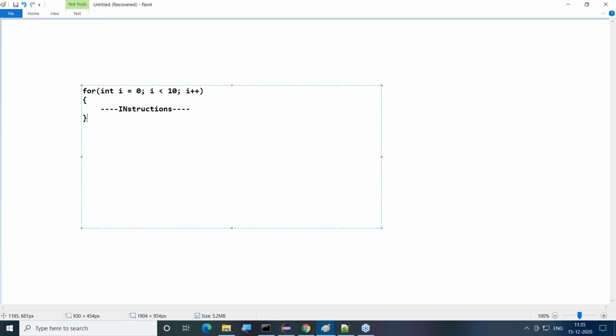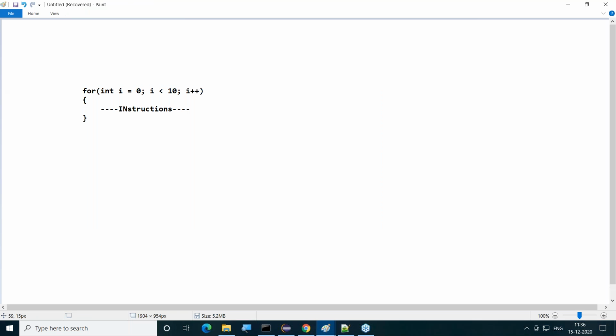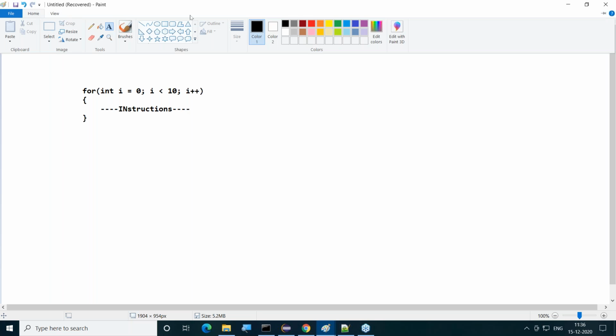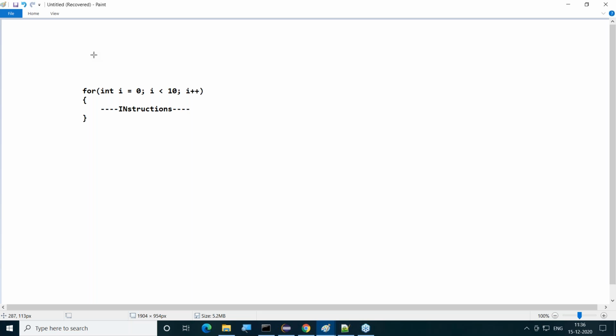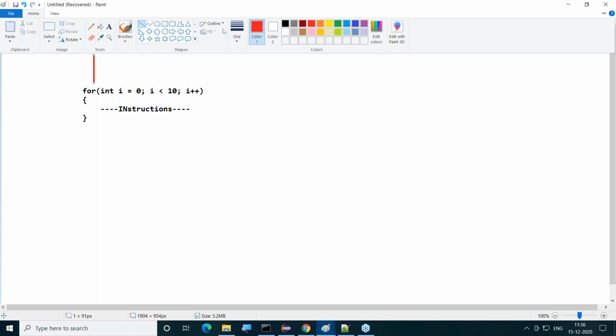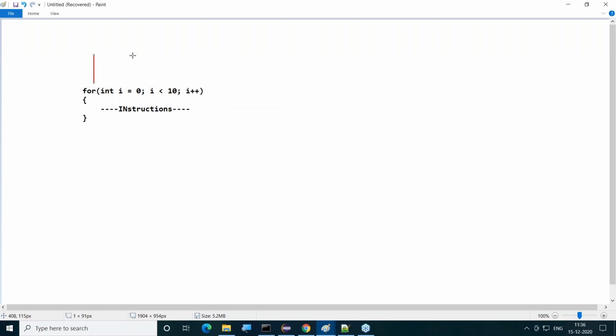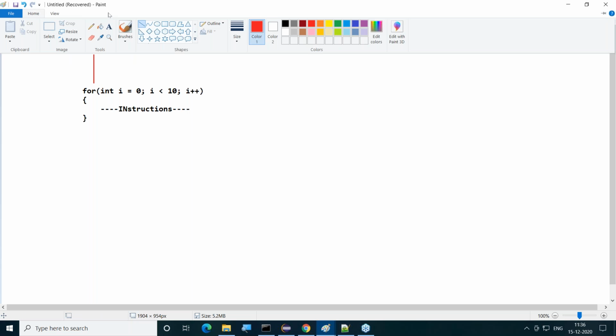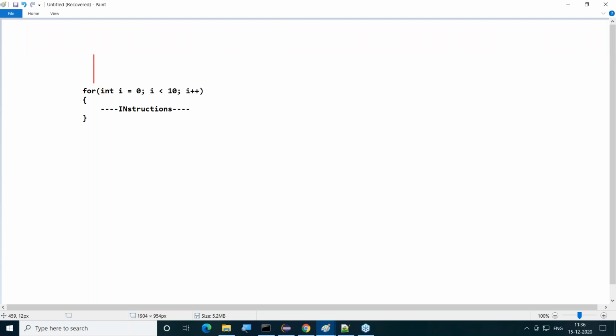Next, how is the flow of execution going on here? When JVM comes to this loop, what will JVM do?